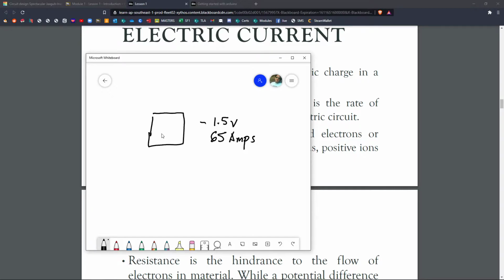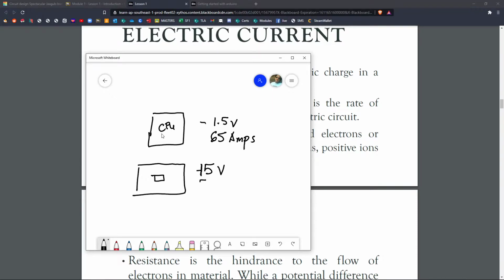Compare that to your Arduino. Let's say this is the Arduino. Arduino usually uses 5 volts. It can function at 5 volts, but let's just say an average of 15 volts.